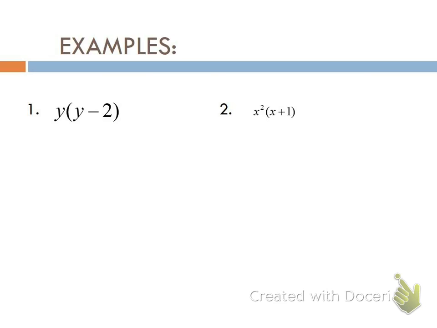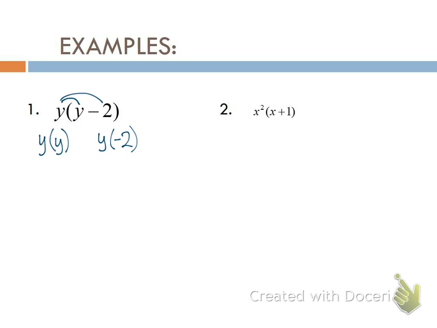So when we distribute the y on the outside of the parentheses to everything inside, we're first taking y times what? Y, and we're also taking y times -2. So I'm going to write it like this for now.